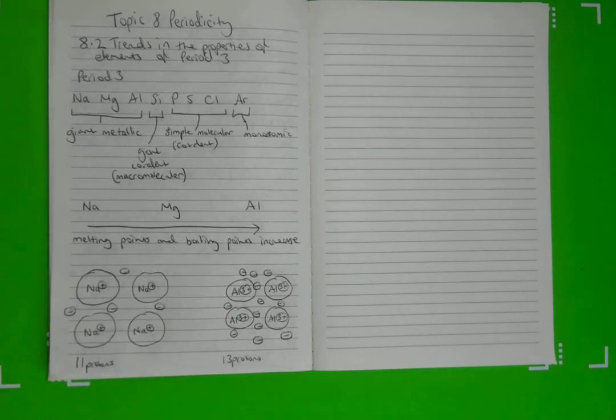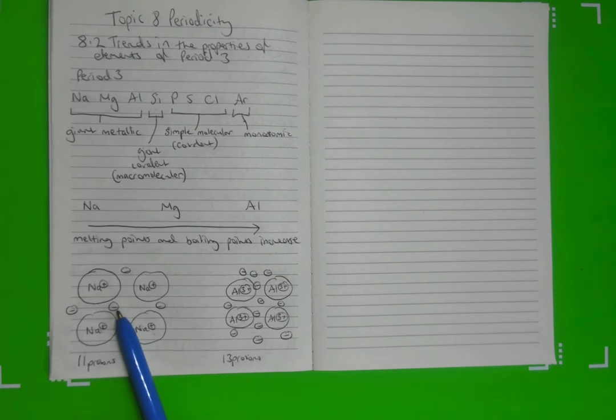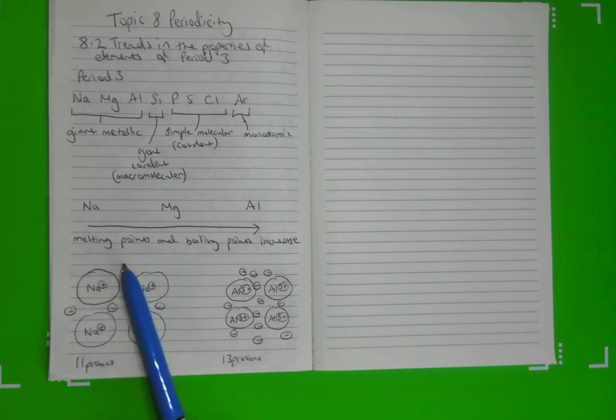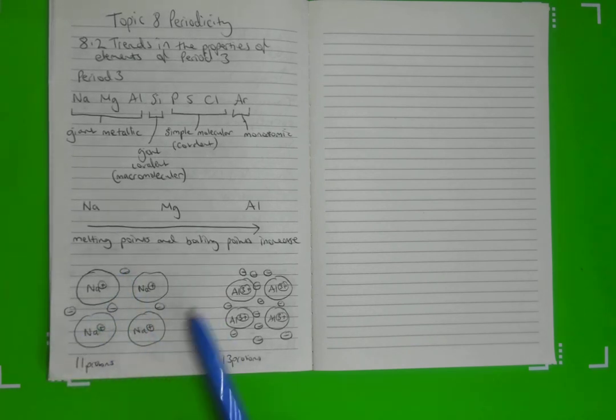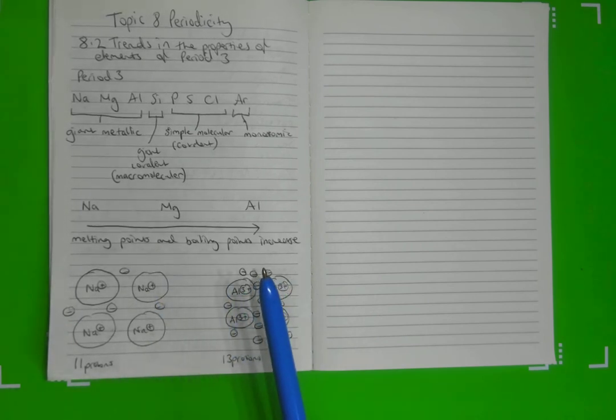Just randomly put. And we all know that these are giant metallic structures, and giant metallic structures conduct electricity. That's because of these free delocalized electrons that are able to move to carry the electrical charge. And often you see these diagrams with arrows on there to represent that.